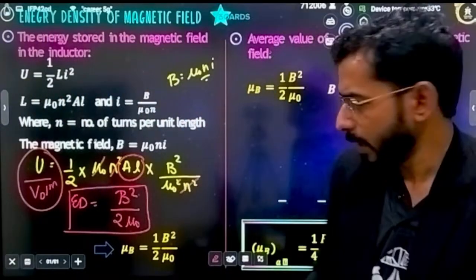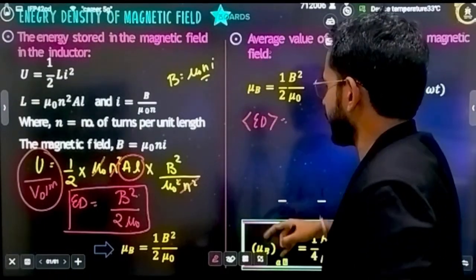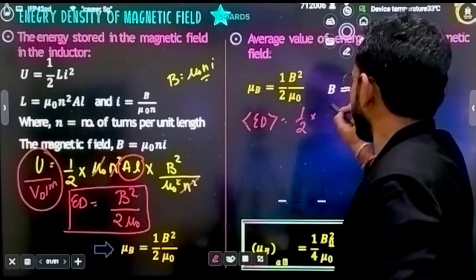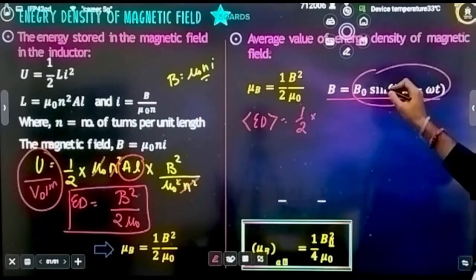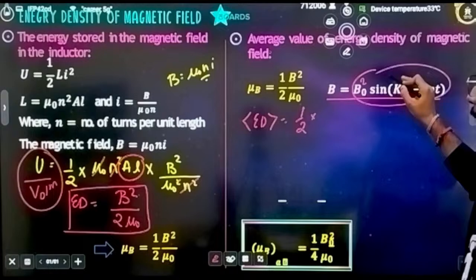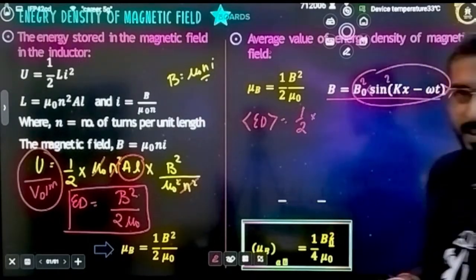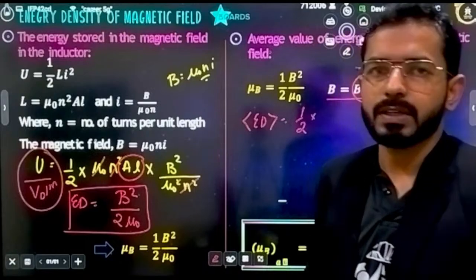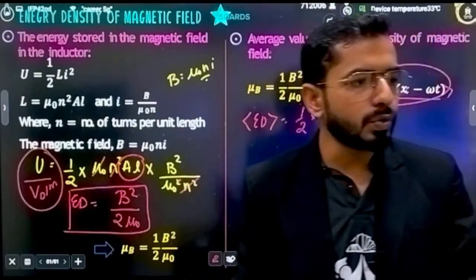Again, if someone asks you what will be the average value of this energy density, you will write the same kind of thing, half. In place of B, you can write the complete equation, B naught sine of kx minus omega t. When you square it, it will become B naught square and sine square. Again, when you calculate the average of this sine square kx minus omega t, what will be its average value? Already we know the result. We have derived the complete result also. So why not use that result?